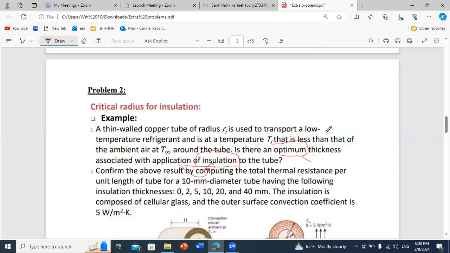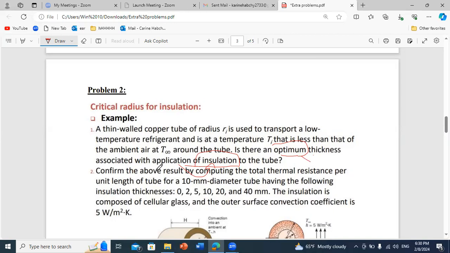But on the other hand, if they were just talking about an optimum thickness without telling us that we want good insulation, it could be either maximum or minimum insulation, and this depends on the application we are using. So now in this problem, we'll see from calculation if it's possible to maximize insulation or not.